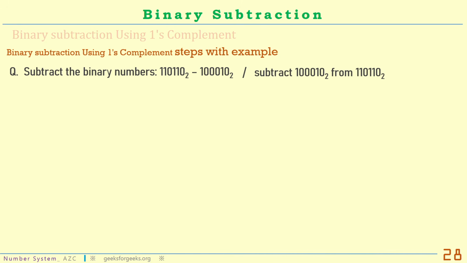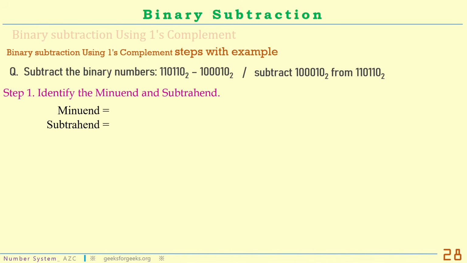Binary subtraction using one's complement, steps with example. Subtract the binary numbers 110110 minus 100010. Step 1. Identify the minuend and subtrahend.